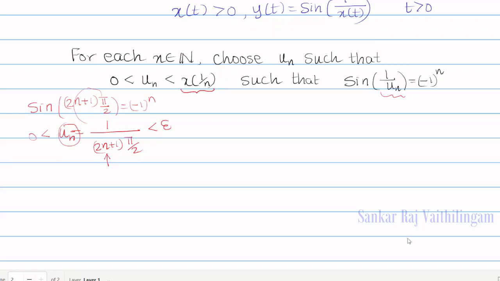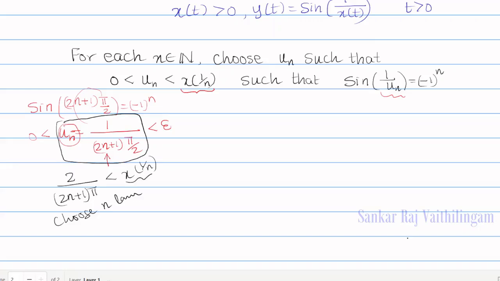So for any given x of 1 by n, choose u n. u n will be like this: u n is equal to 2 divided by (2n plus 1) pi. So choose n large such that this value is less than x of 1 by n.